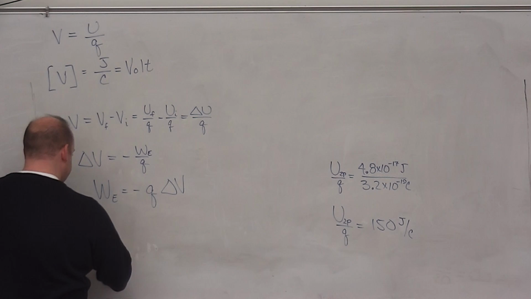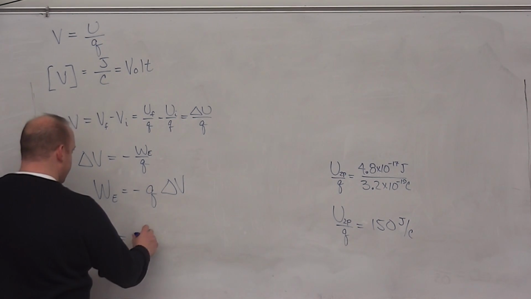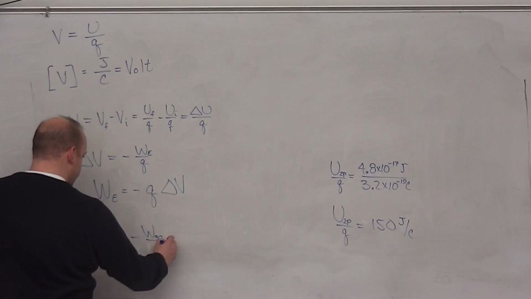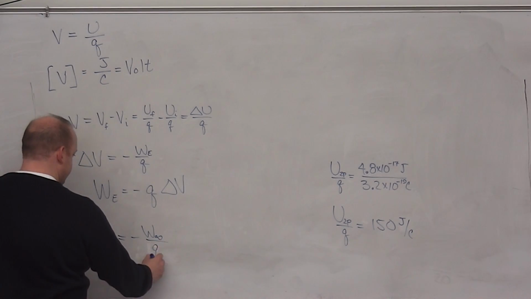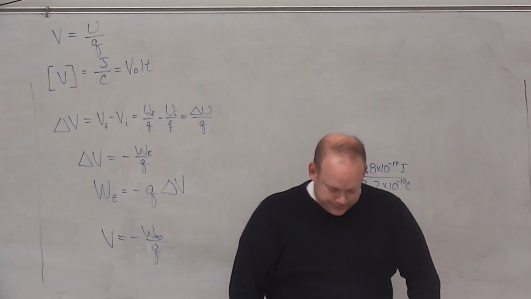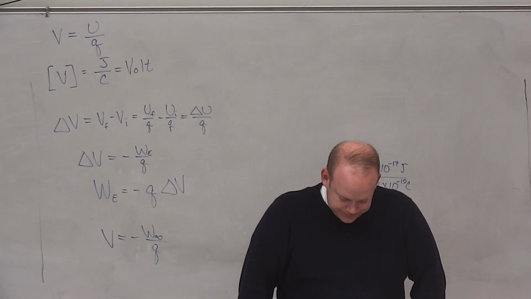And so V, because V would be 0 at infinity, is negative work moving it from infinity per unit charge. And that's absolute potential.